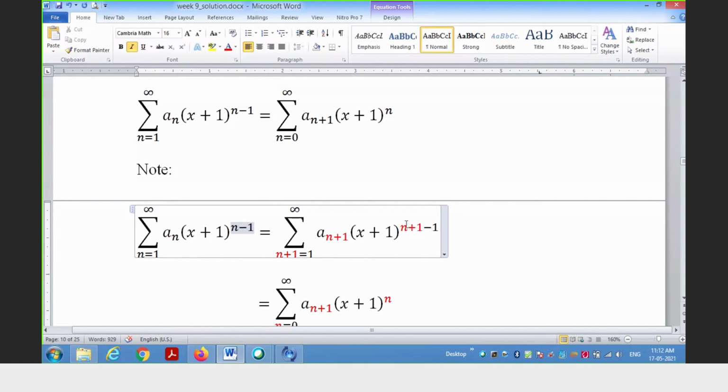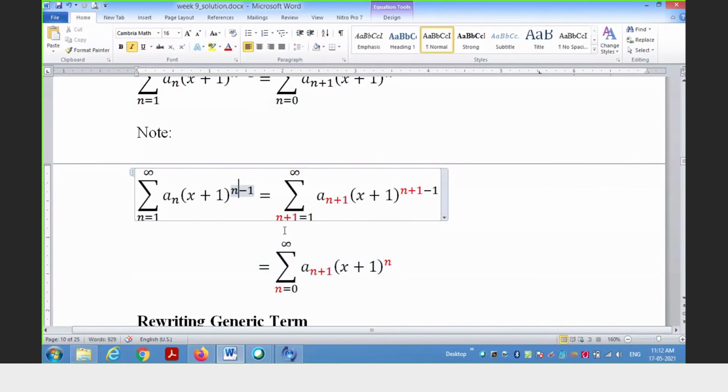I'll write that in red so that it's easier for you to see. Now n plus 1 equals 1. Bring 1 to the left hand side, it becomes minus 1. So n equals 1 minus 1, n equals 0. So the lower limit becomes 0.